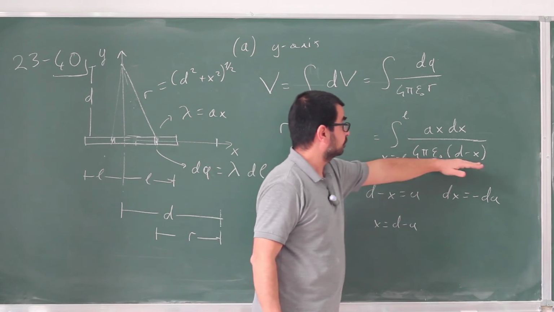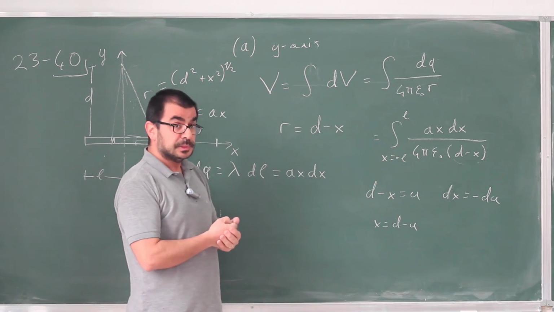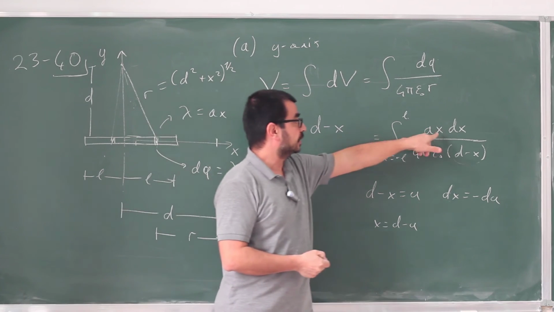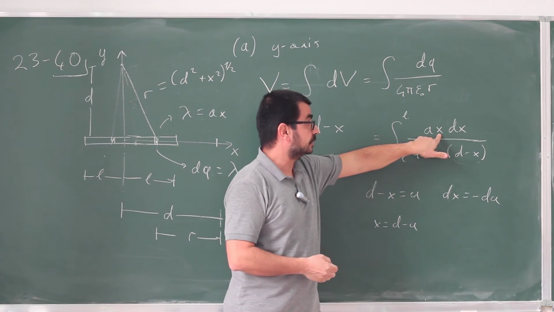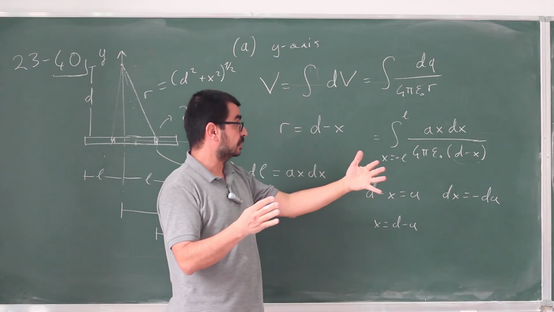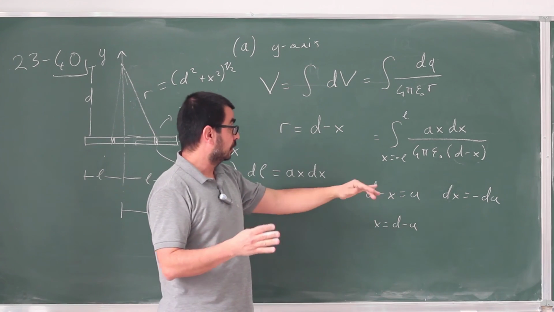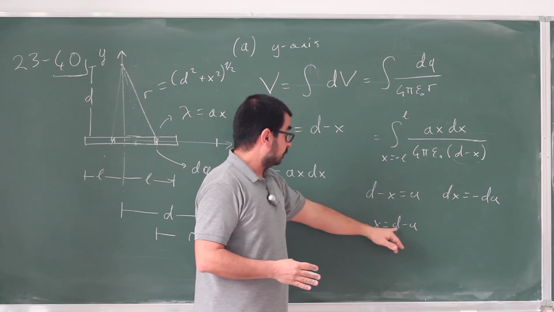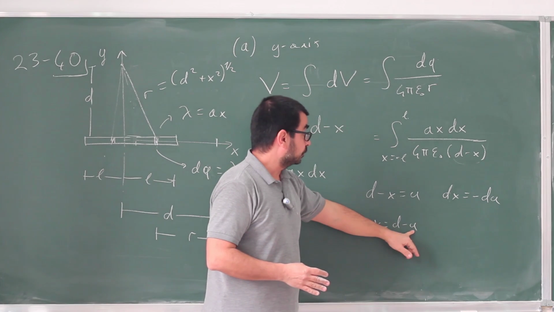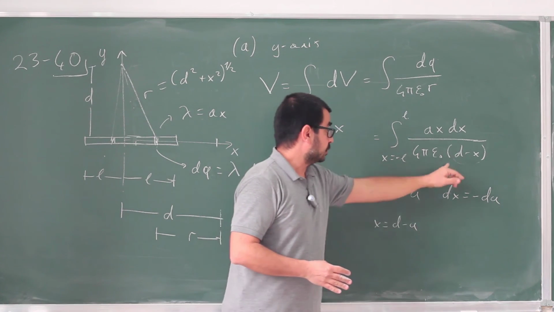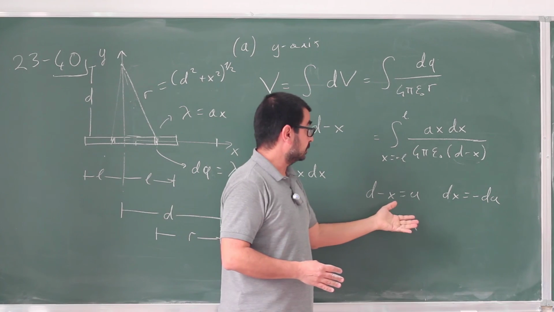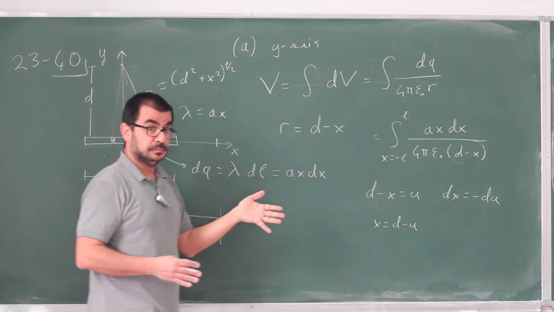So that simplifies the denominator, but it complicates the numerator. Okay, but your numerator, you can actually divide into two integrals, and one of them is going to have d, and the other one is going to have u. Your denominator is always going to have u, so one of them is going to be a constant, and the other one is going to be 1 over u.